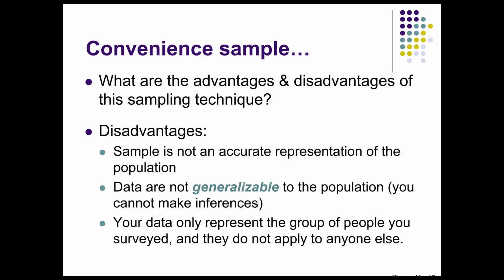The disadvantages are that your sample is probably not going to be an accurate representation of the CSUN student population, right? So if you show up to Oviatt Library, back before the pandemic, obviously, on like a Wednesday morning at 10 a.m. and you survey a few hundred people there, all of the people who are taking classes on Tuesday, Thursday, or on the weekend, they're not going to be at Oviatt Library on Wednesday morning.